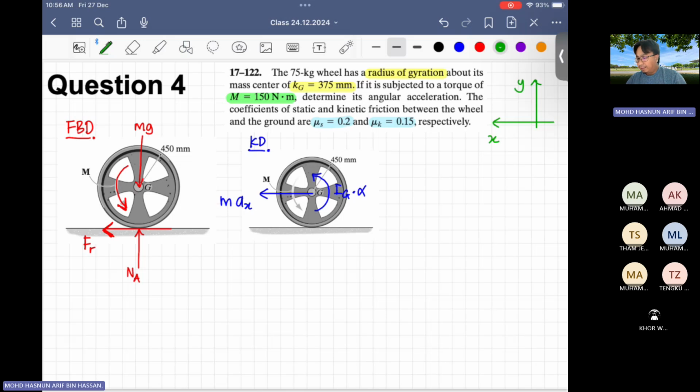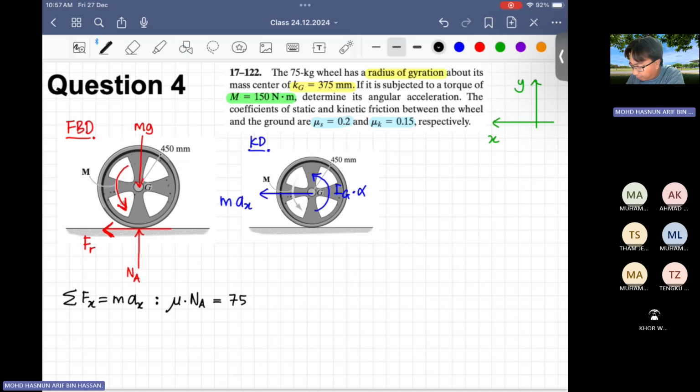Okay. We will start the calculation with Fx equals MAX. So now let's calculate Fx equals MAX. All right, in the x-axis, we have the friction force, which is mu times NA, is equal to 75 kg.